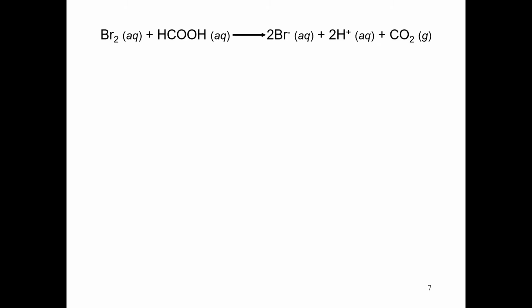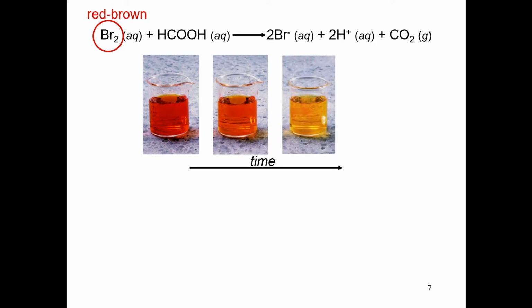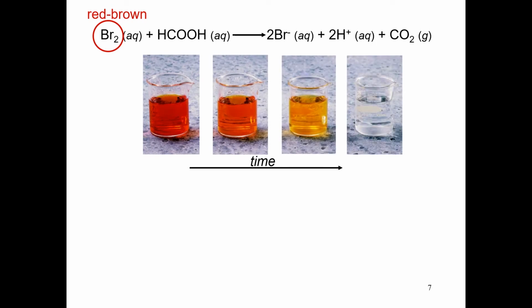What is interesting about this is that the aqueous bromine is a red-brown solution. As the bromine is converted into bromide ions, we can see over time a change in the color of the solution as the red-brown color starts disappearing.